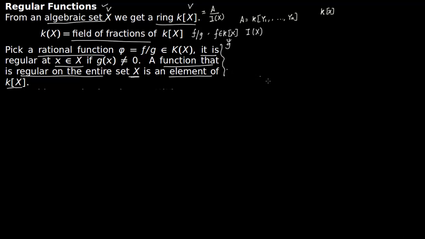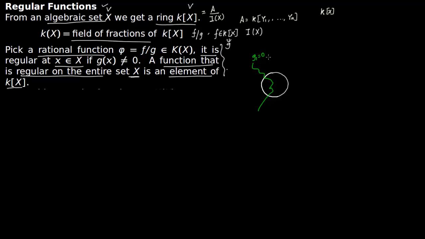So the story is this: you have your algebraic set X here, and you form open sets. To form open sets, first you choose a function. Say you have chosen a function g1 equals to 0.